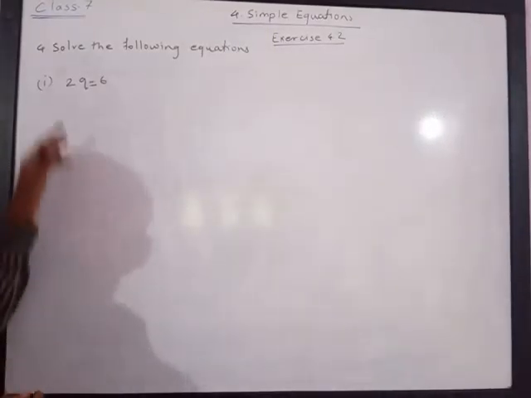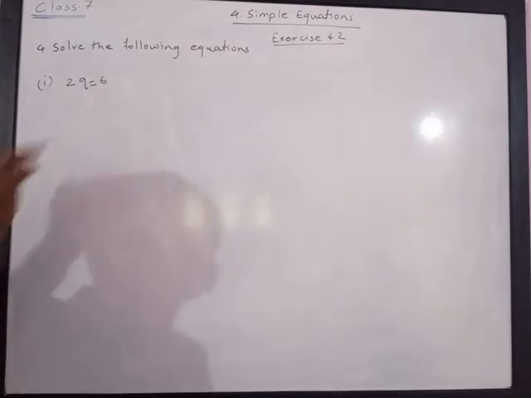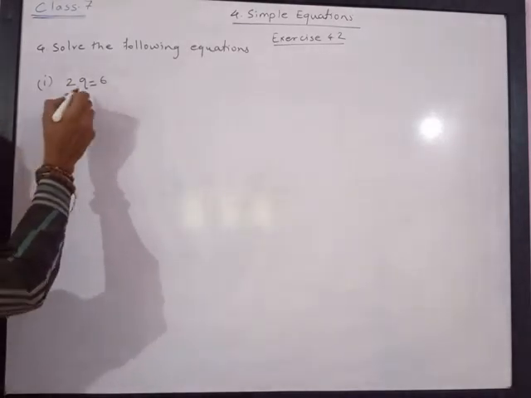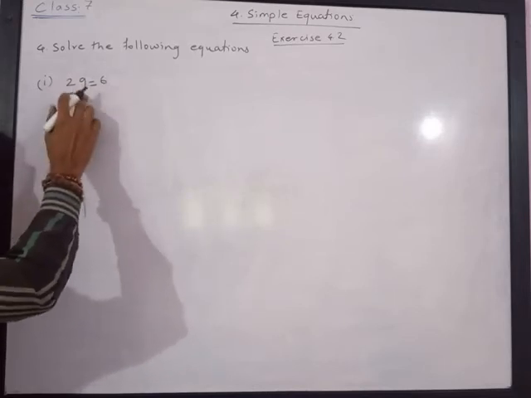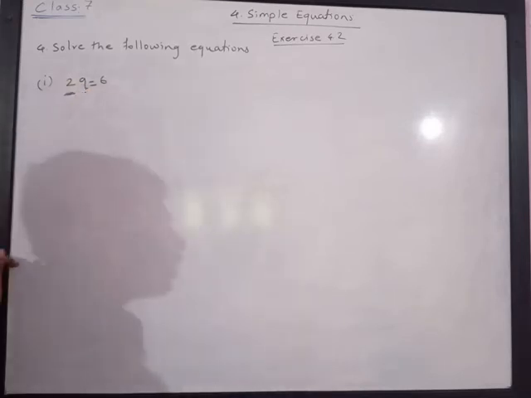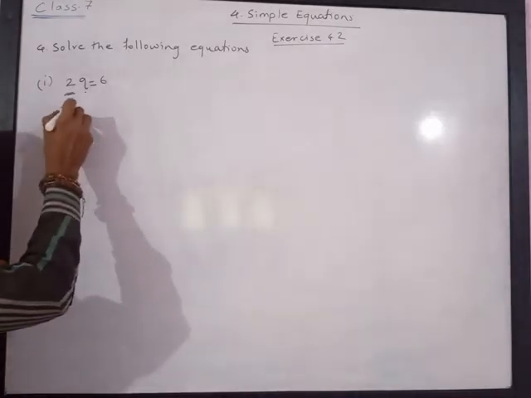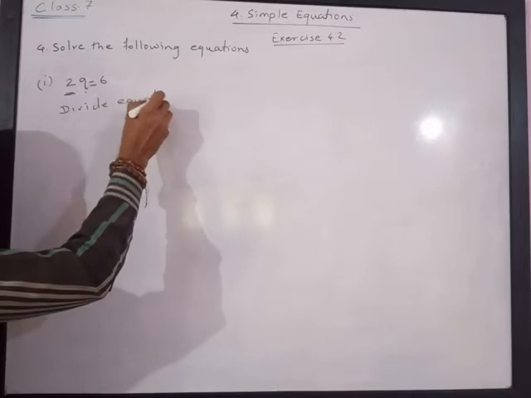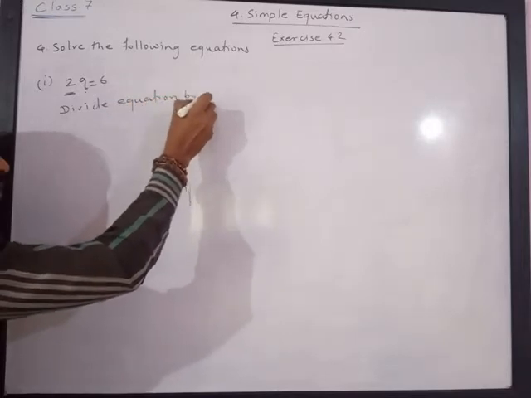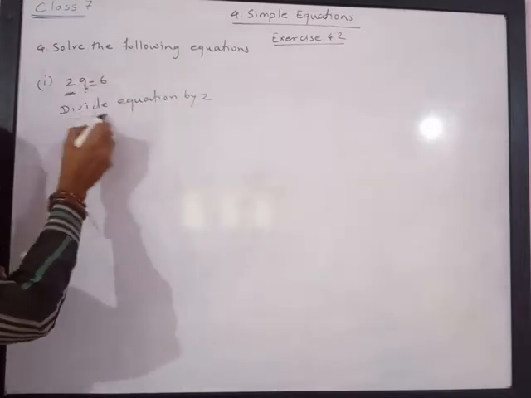Dear friends, next question is 2q is equal to 6. So here we need to eliminate the 2 and not the 6. To eliminate 2, because it is the multiplier of q, and we are asked to find the value of q, divide the equation by 2. Please note 2 is multiplying, so we are doing the opposite operation.